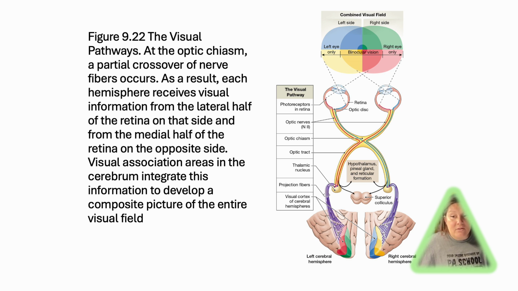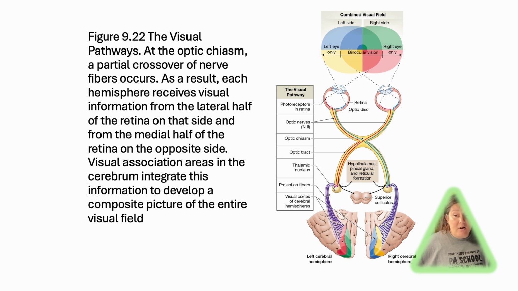However, the medial side of the left eye is going to travel along the medial part of the optic nerve, and it's actually going to cross at the optic chiasm, which is on the inferior side of the brain, and is going to be interpreted on the right hemisphere occipital lobe.